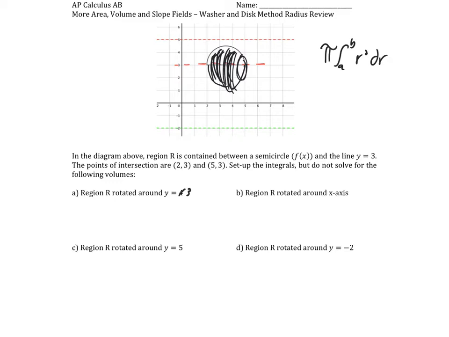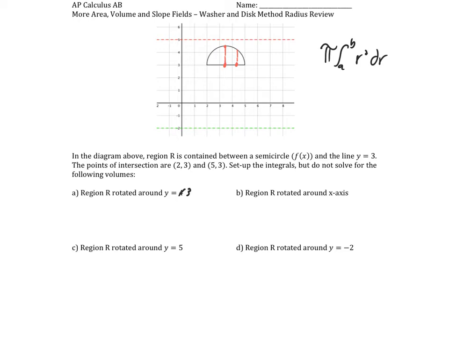So let's think about this. What would the radius of this figure be? How would I express the distance from here to here, or from any point on the line y equals 3 to the circle? What would that radius be in general?